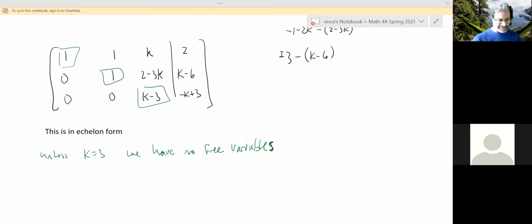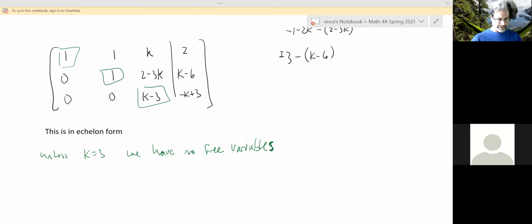In this case, can we guarantee that you're going to get at least one solution? Is there any way to make this system inconsistent? That's the other question you have to ask yourself. So is there any way things can go wrong here? Is there some value of k that makes this system not work out? How can you tell if you have an inconsistent system?